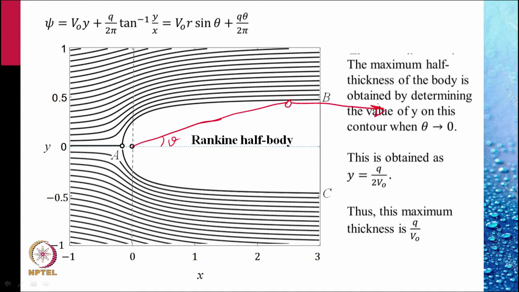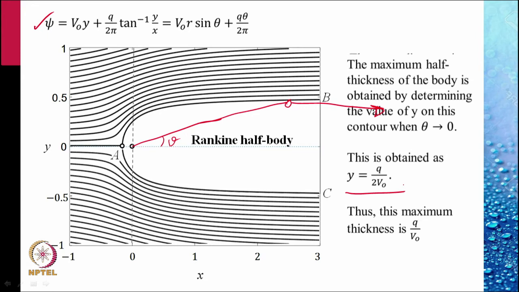So, the y coordinate as theta tends to 0 represents the half thickness of this Rankine half body at infinity. And this is easily obtained from this equation as y is equal to q divided by twice V naught, so that the total maximum thickness of this half body is q by V naught.